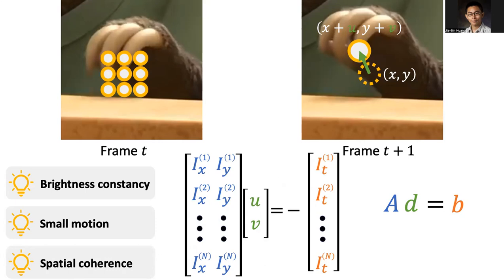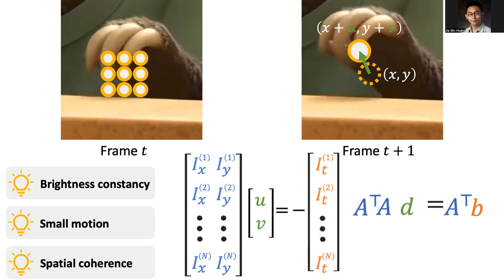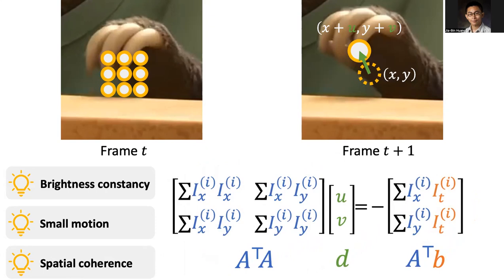The way you solve least squares is to multiply by A transpose on both sides, and then you get something like this. This should remind you what the matrix looks like. This is exactly the 2 by 2 matrix we just talked about, with Ix squared, Iy squared, and IxIy.